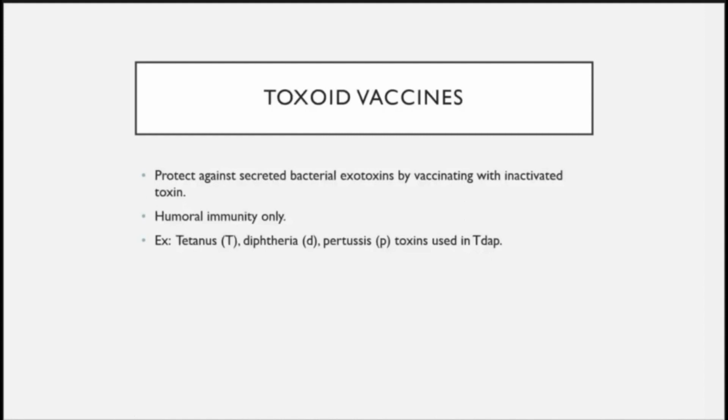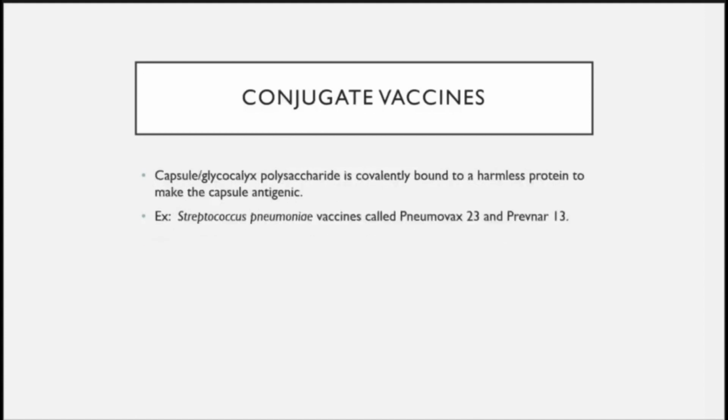They can be used to protect against secreted bacterial exotoxins by vaccinating with inactivated forms of those toxins. Again, since we're not dealing with an active infection of cells, we will only elicit a humoral immunity, and these often require booster vaccinations. Examples of this are the tetanus, diphtheria, and pertussis toxins used in Tdap vaccinations.